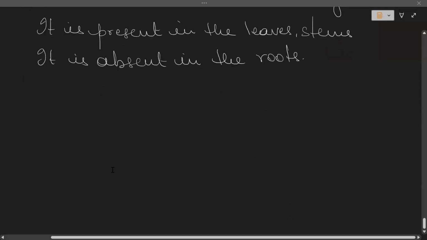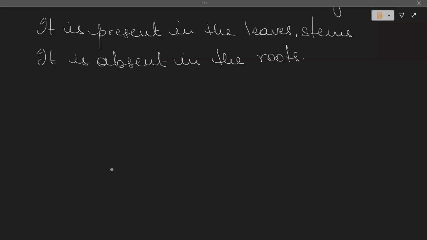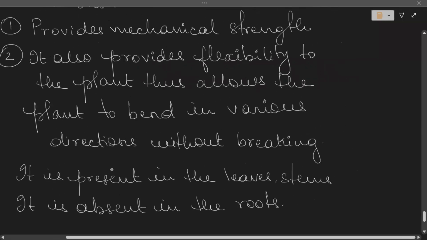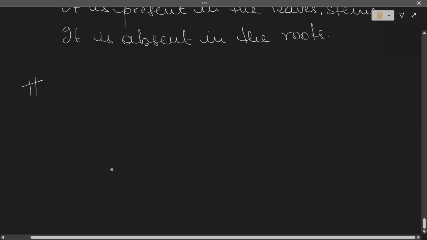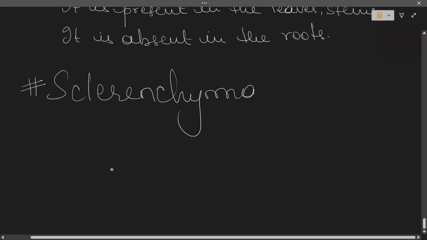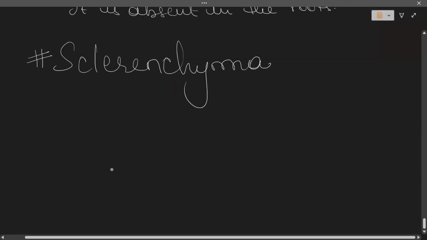Now moving forward, we'll talk about the next type of simple permanent tissue, and that is sclerenchyma. Now, this one is very different from the first two that we have studied.